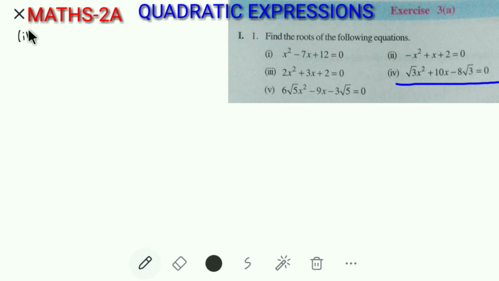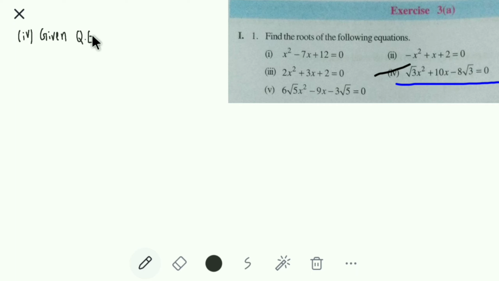Question number 4th. Given quadratic equation is under root of 3x square plus 10x minus 8 root 3 is equals to 0. So we have to compare with the standard form of the quadratic equation.